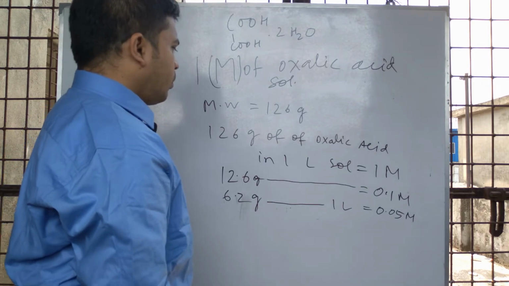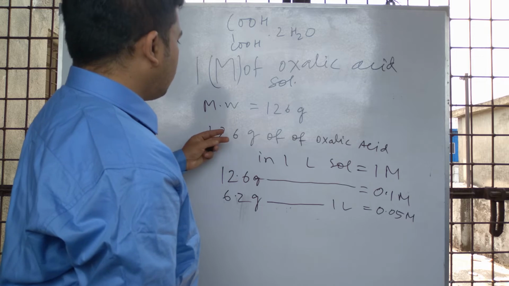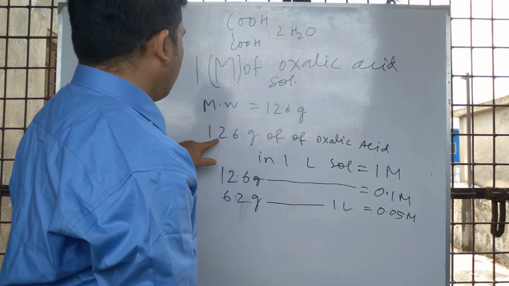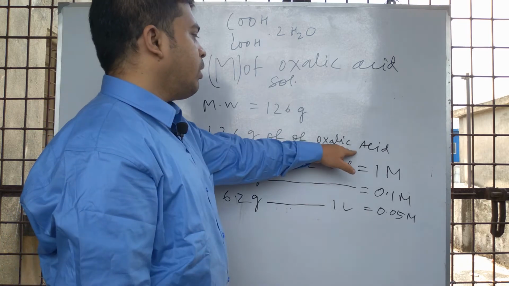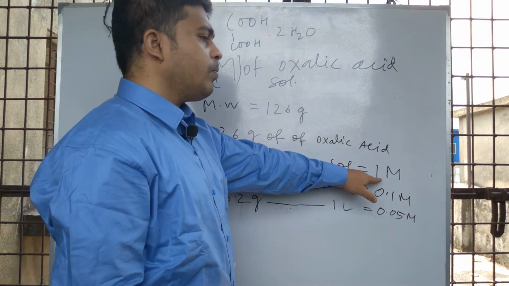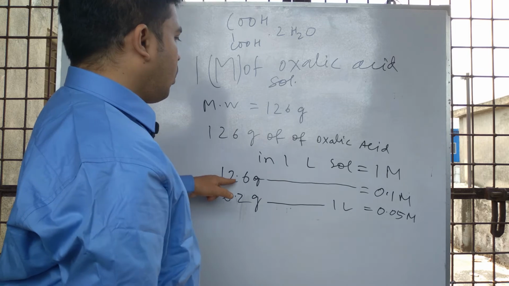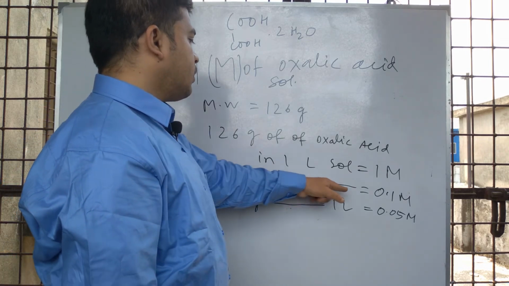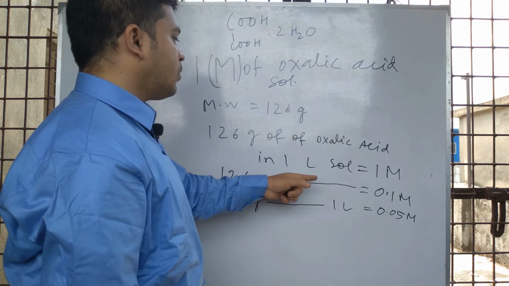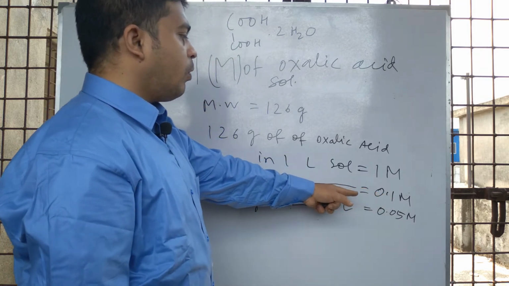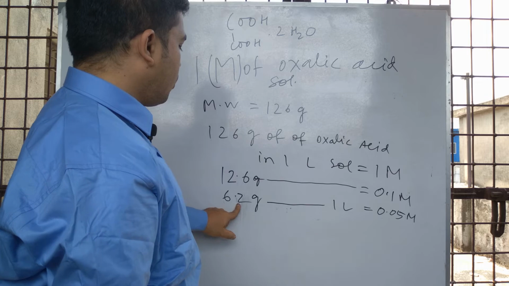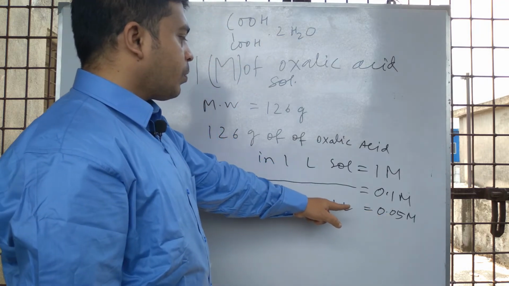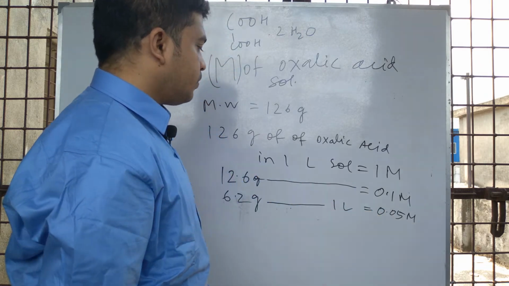So this is the strength of oxalic acid in molarity unit. When 126 gram of oxalic acid is dissolved in 1 liter solution, the strength is 1 molar, and 12.6 gram dissolved in 1 liter solution gives 0.1 molar, and 6.3 gram dissolved in 1 liter solution gives 0.05 molar.